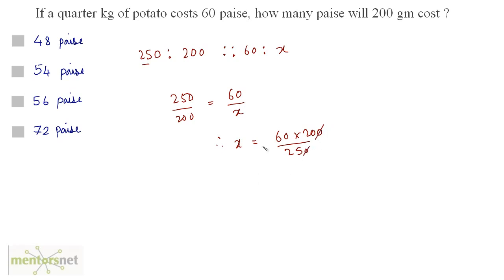This 0 and this 0 get cancelled out. 5 4s are 20, 5 5s are 25, and then 5 1s are 5, 5 12s are 60. So 12 4s are 48. So 48 paise is the cost of 200 grams of potatoes.